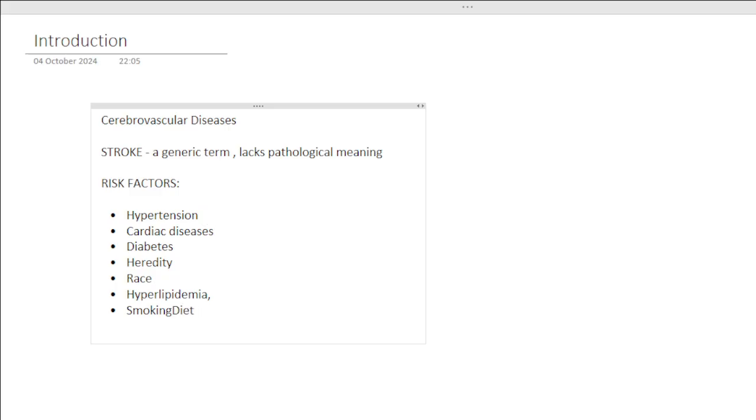All the personal things. Then obesity factor, right? Smoking, diet, obesity factor. Then anything else?